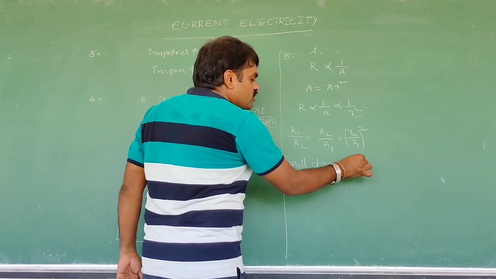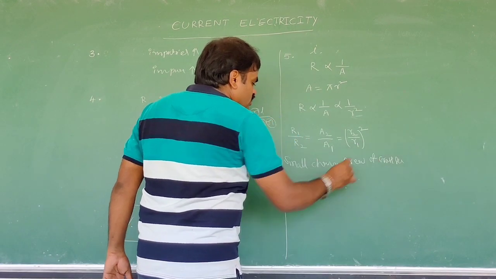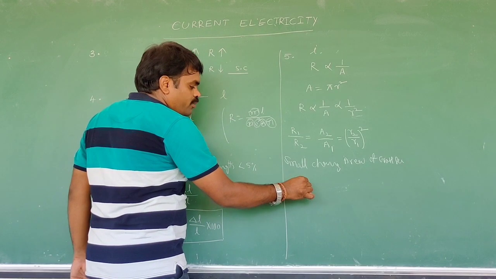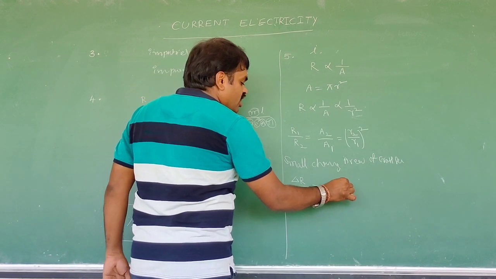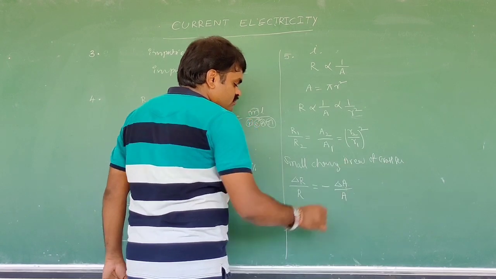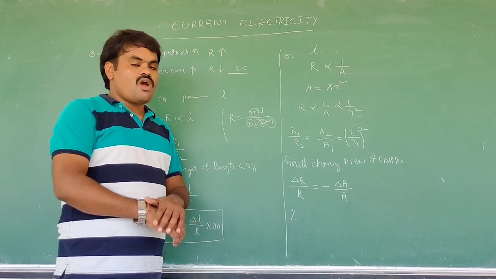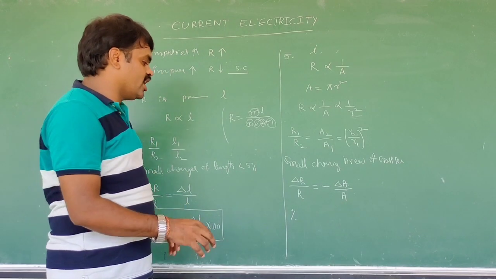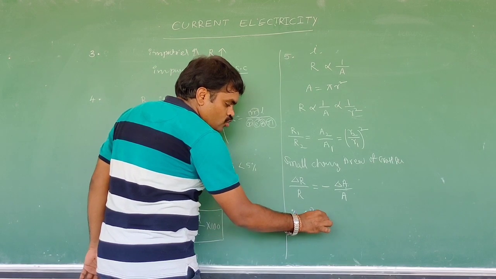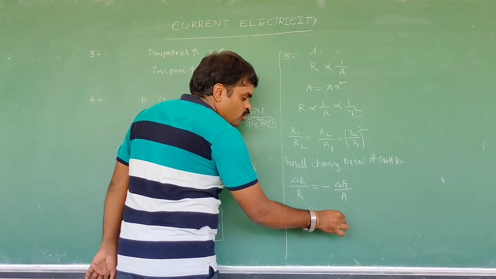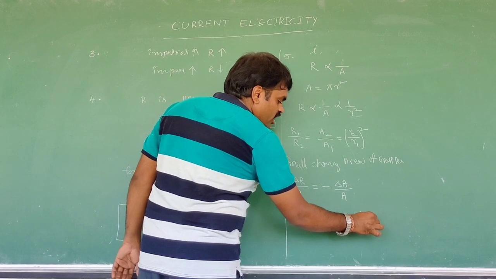For small changes of area of cross section, ΔR by R is equal to minus ΔA by A. The percentage change in resistance due to change in cross-sectional area, ΔR by R into 100, is equal to minus ΔA by A into 100.